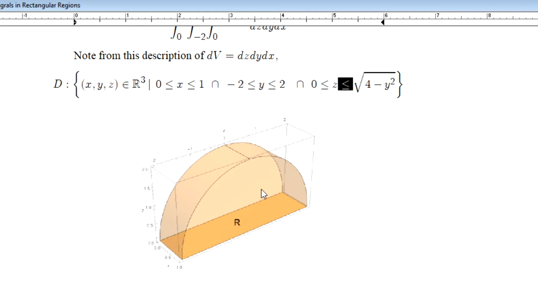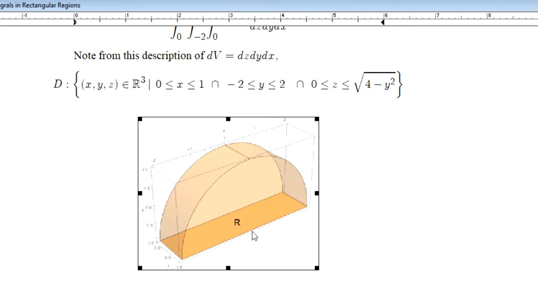You can see that circle here on this forward face, starting at 0 and going up to that outer bound, where z is equal to the square root of 4 minus y squared. This whole solid is forming over this region R.